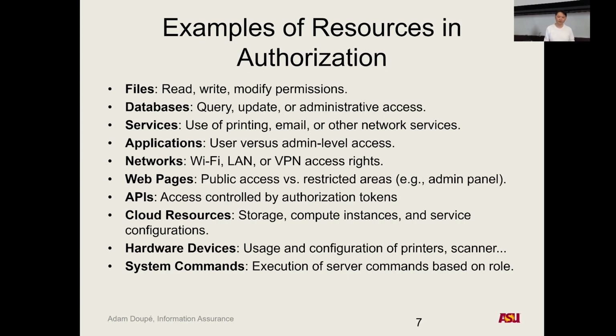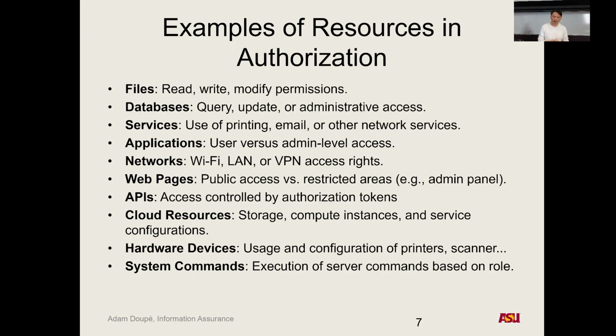Say the file. The file has other words we can use, like operations or capabilities. We can read the file, write the file, modify or delete the file, or have owning permissions.